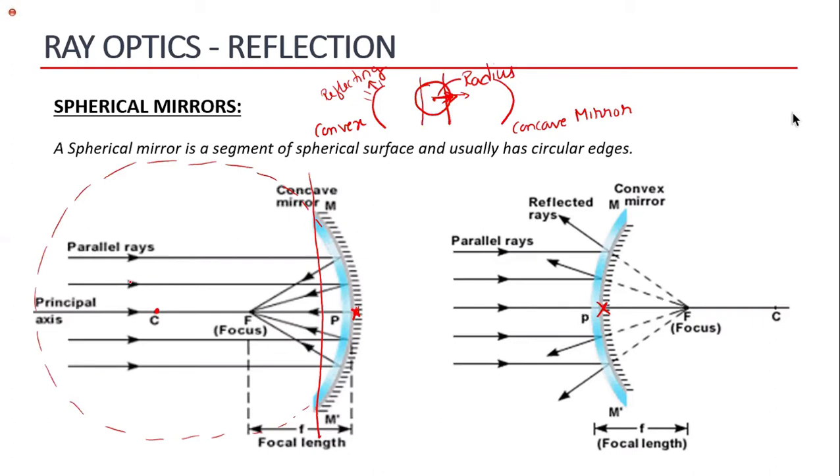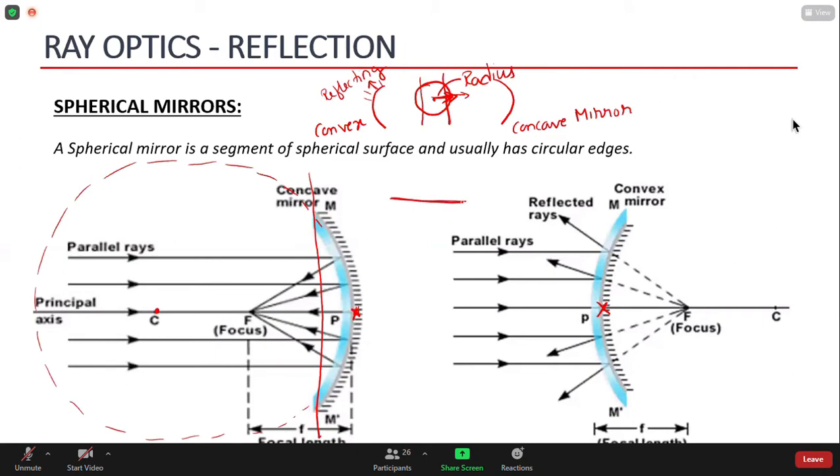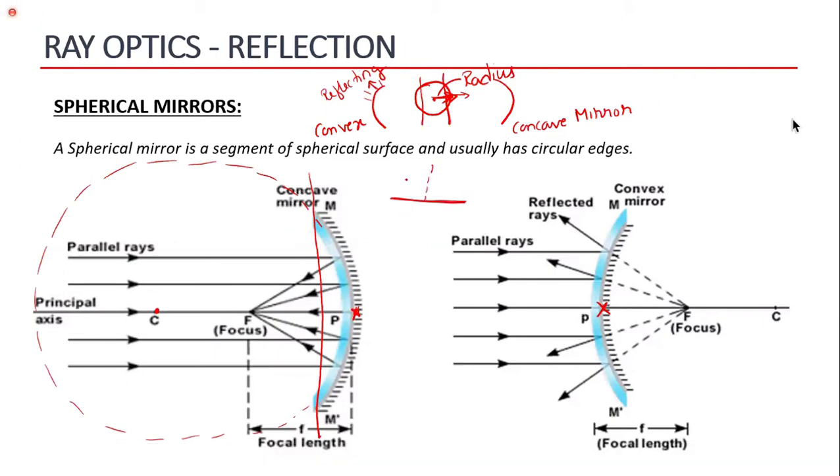Now, what do I mean by focal point? Say, for example, according to law of reflection, if this is your surface, immediately first you will draw a normal to the surface. Incident light, when it is falling like this, say it is angle of incidence, right? To get your reflected ray from here, at this point you will draw a normal. Make the same angle. You will draw another ray.